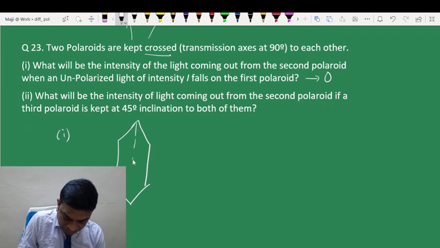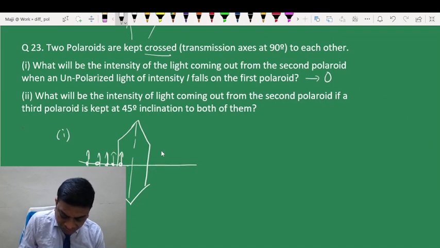Now here you see again unpolarized light is made incident here. Unpolarized light will always have dot components and arrow components. So if intensity is I, here the intensity will be I by 2. Half of the amount of light is absorbed by the polarizer.